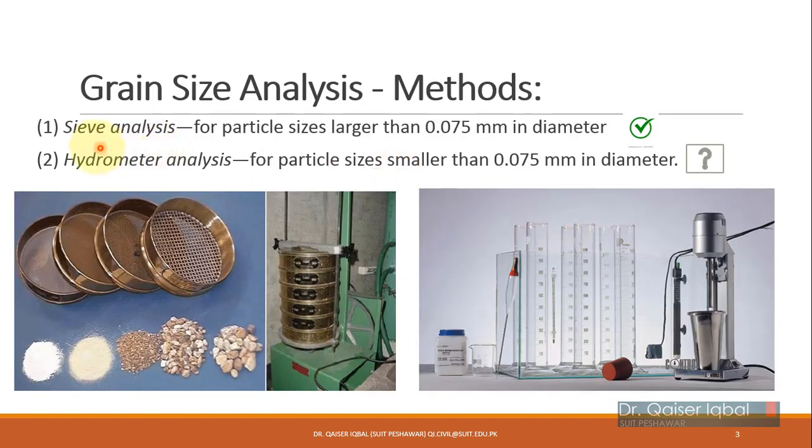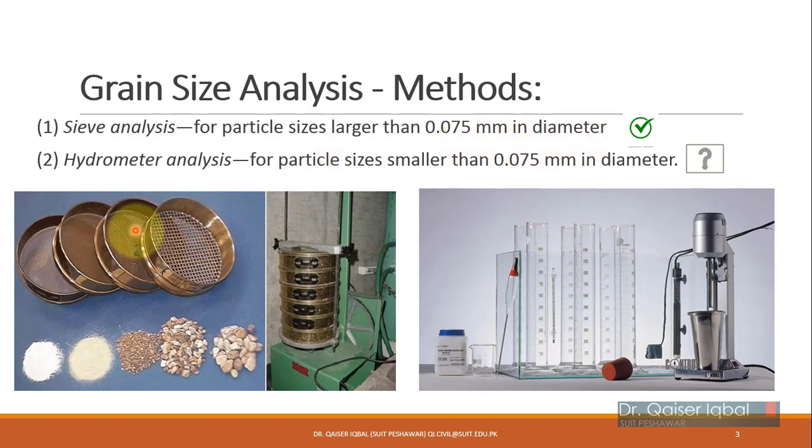In the previous lecture we discussed sieve analysis, which was undertaken for the particle sizes larger than 75 micron, or 0.075 millimeter.